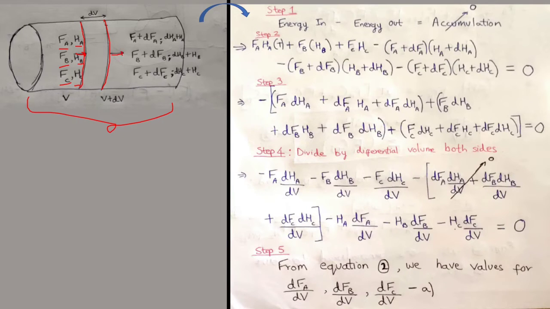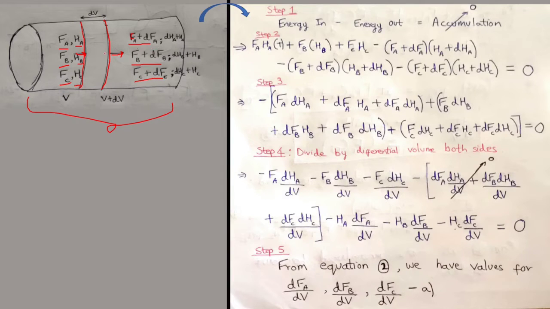And when these components exit this differential volume, we have FA plus dFA, which represents the change in flow rate after the component exits this differential volume, and similarly we have FB plus dFB and FC plus dFC.